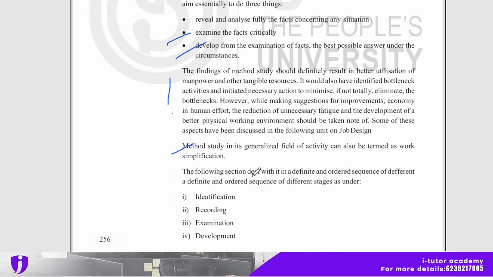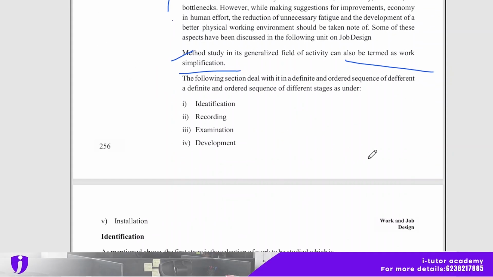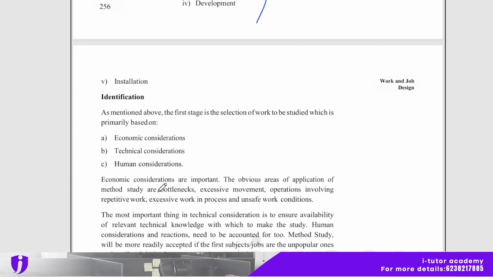Method study in its generalized field of activity can also be termed work simplification, and the following section deals with it in definite and ordered sequences of different stages: identification, record, examination, development and installation.